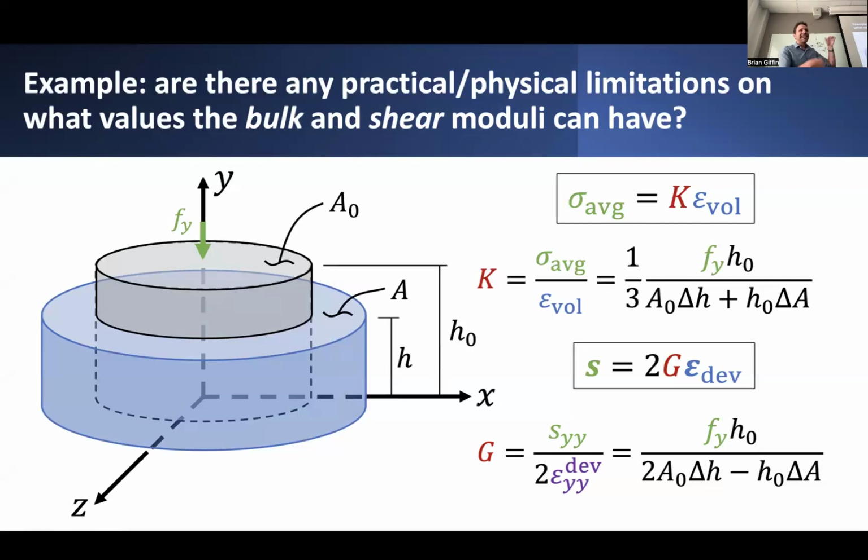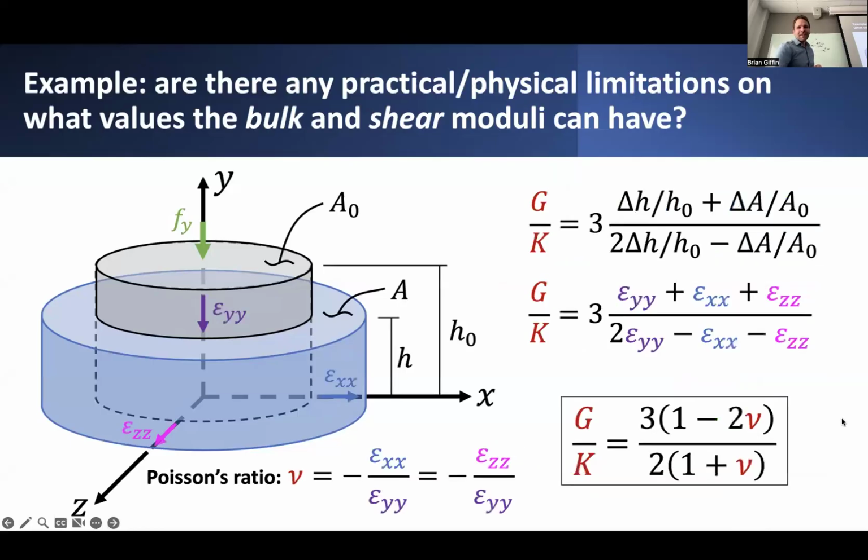There's dependence on the axial load, there's dependence on the height of the cylinder and some other quantities. So a lot of things are going to cancel out when we take this ratio and simplify to the point where we can represent things in terms of very simple, purely geometric quantities. It has nothing to do with the loading.